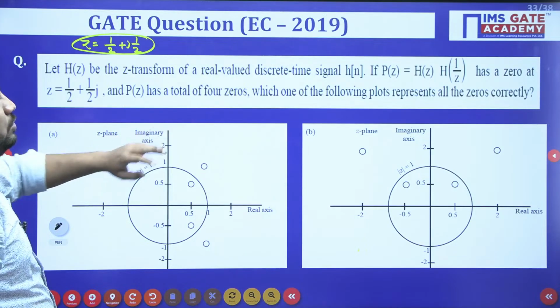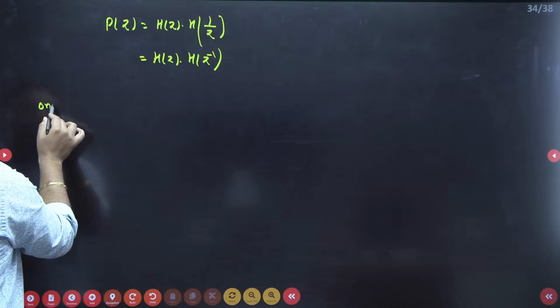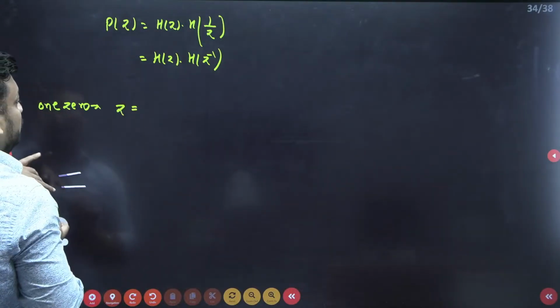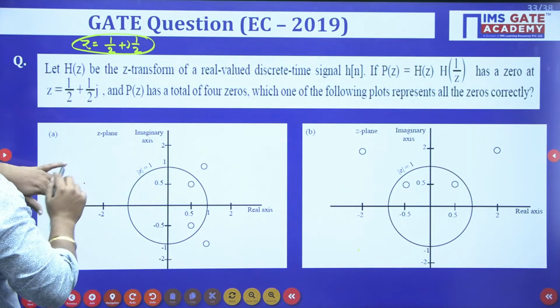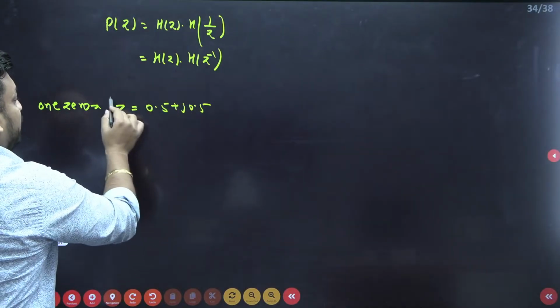Total 4 zeros, and 1 zero is given. Only 1 zero value is given to you, that is 0.5 plus j 0.5.